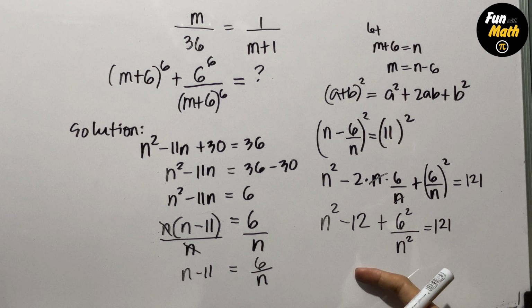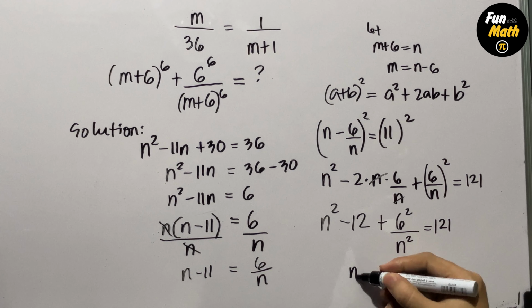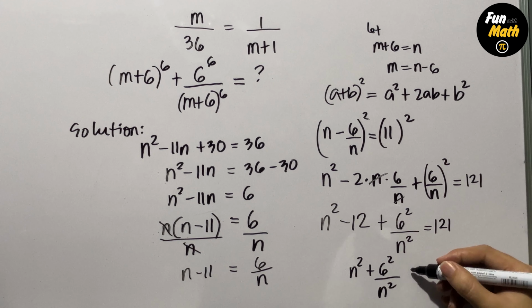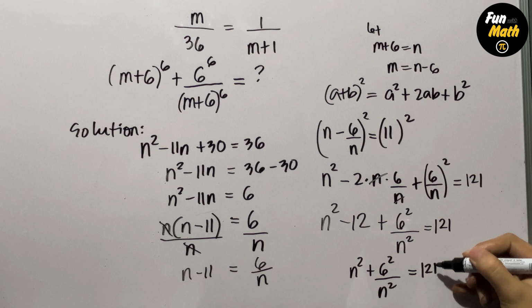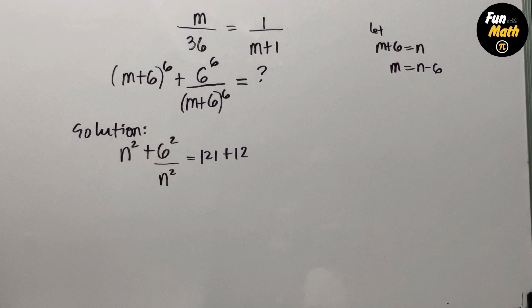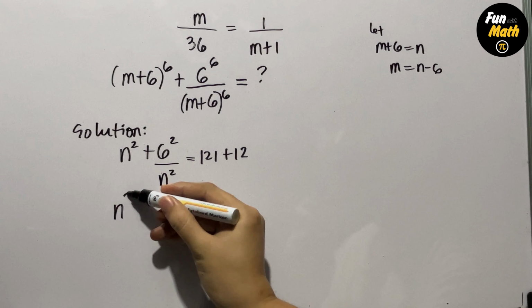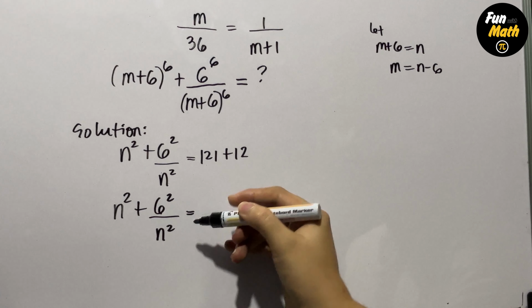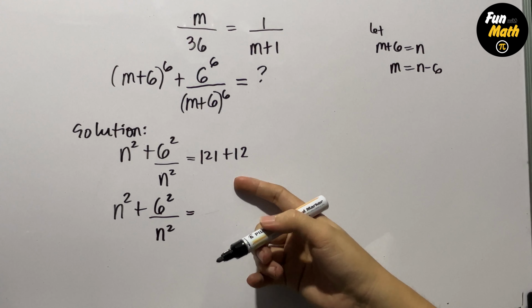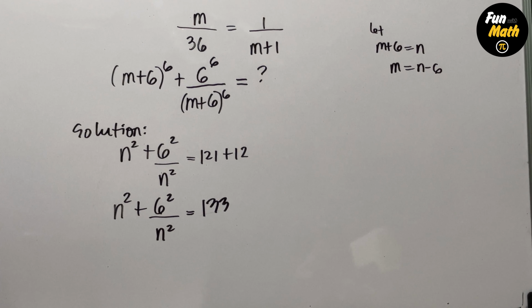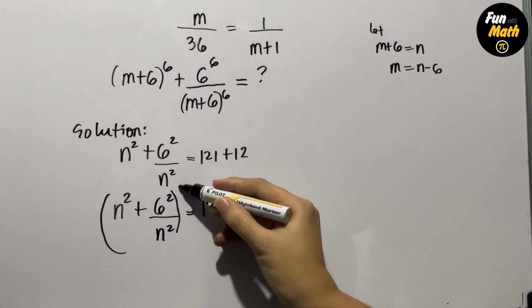So on the left side, we're left with n squared plus 6 squared over n squared, and that is equal to 121 plus 12, that is 133. Now, next thing to do is we can raise both sides to the power of 3. So this is now cube.